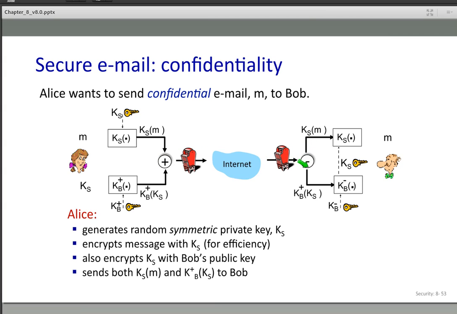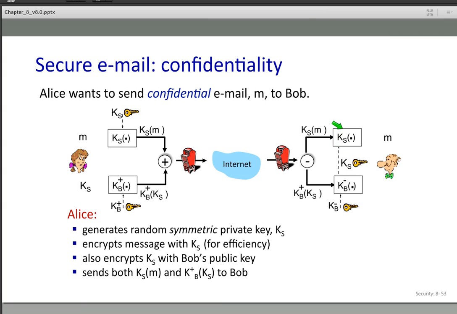When Bob receives the message, firstly he should extract the shared key. How? This key is encrypted by the public key of Bob, so Bob can decrypt it using his private key, extracting the shared key.